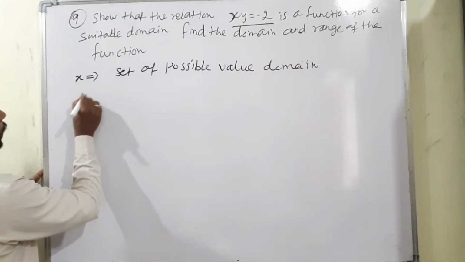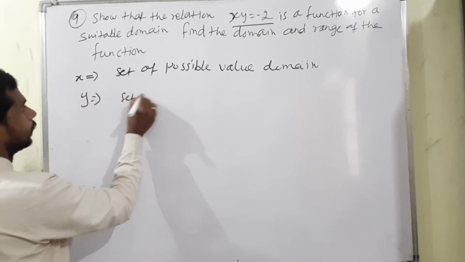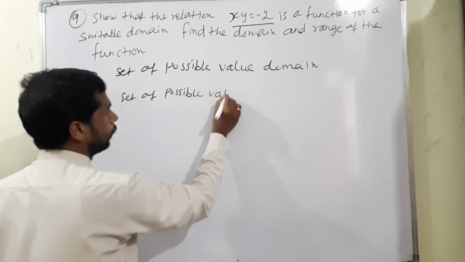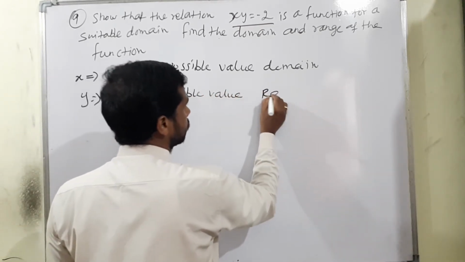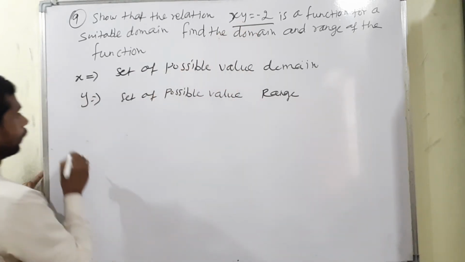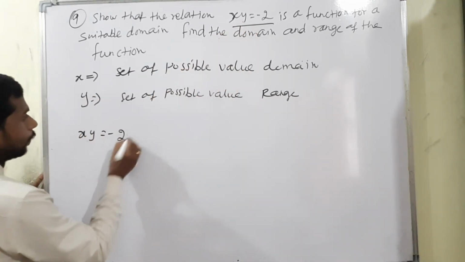Then y is considered for the set of possible values, which is the range. Okay, the given term is xy = -2.